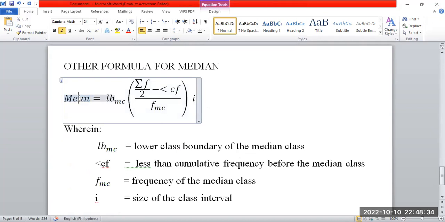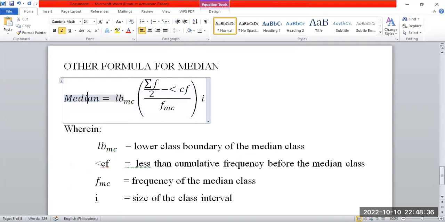So, this is actually the median. So, this is the other formula na kita ko sa Google, which is tama naman yung lalabas. So, median is equal to the LVMC, which is the lower class boundary of the median class times the quantity of the summation of f divided by 2, or the f dito kasi is the frequency also, which is our n.